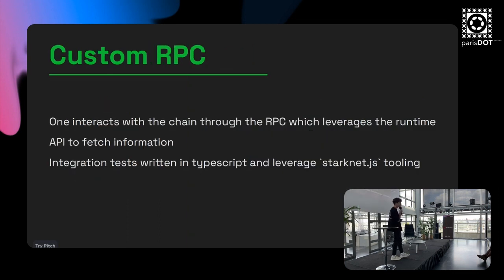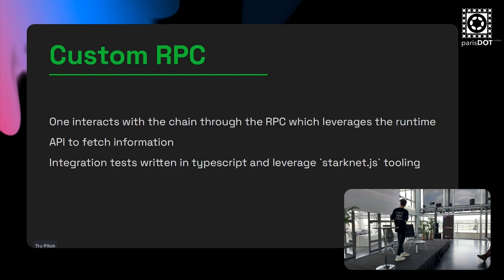So about the custom RPC, that was one of the main pieces that we spent way more time on than we expected at first, mainly because making the RPC layer fully compatible with Starknet was very hard, because of how the Starknet spec is designed and how Substrate actually wants you to design the RPC.